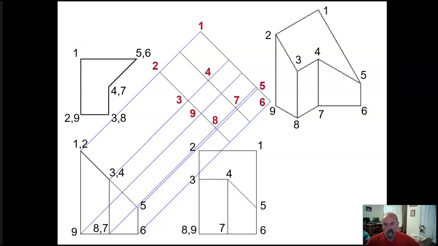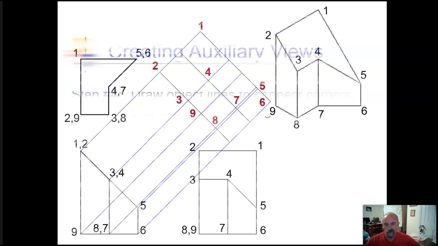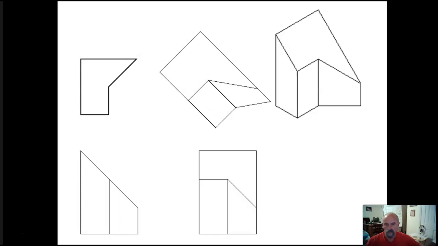Then you would fill in your object lines. Draw the object lines to connect the corners that share visible edges.